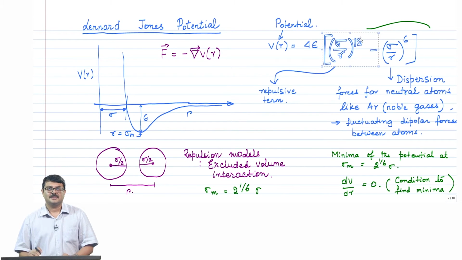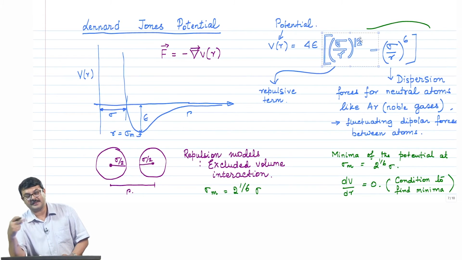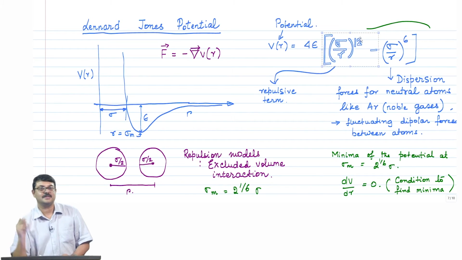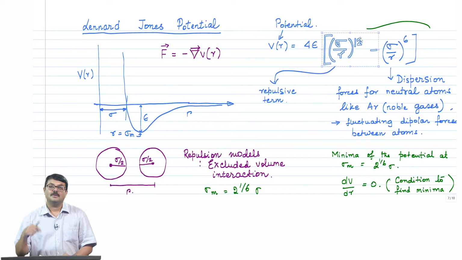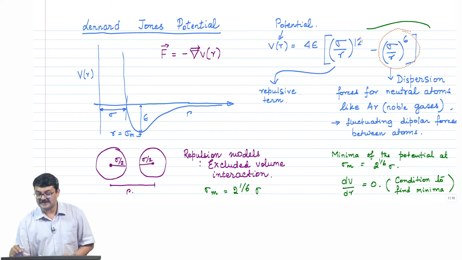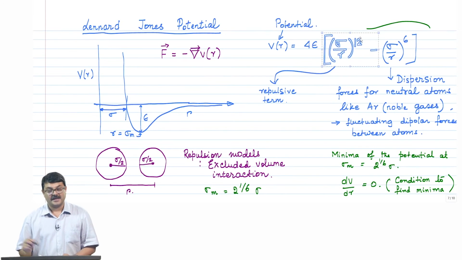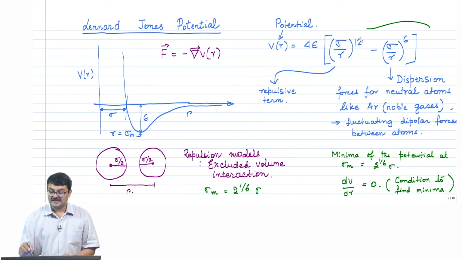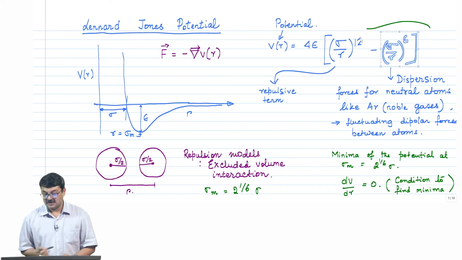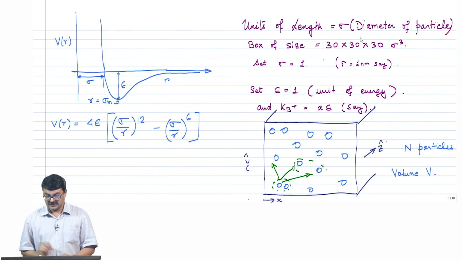So, basically if you take a small number and keep on powering it, it will go to smaller and smaller values. Basically, if you take 0.1 squared, it is 0.01, 0.1 cubed is 0.001, and so on and so forth. So, this basically dominates over this at large distances, but this dominates over this at short distances, right. So, that is what it is.